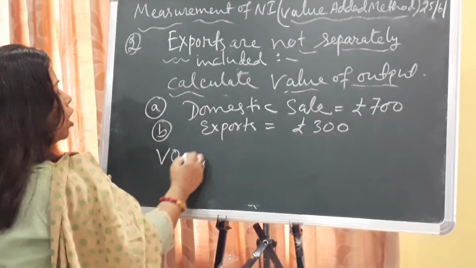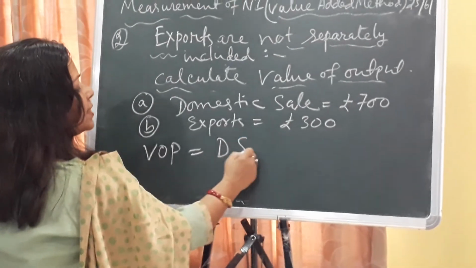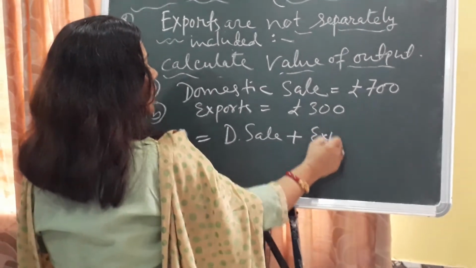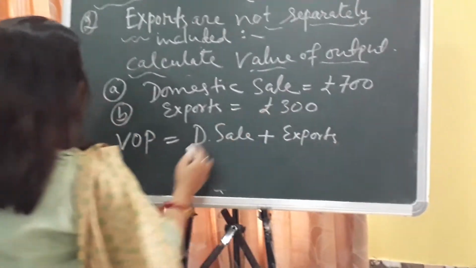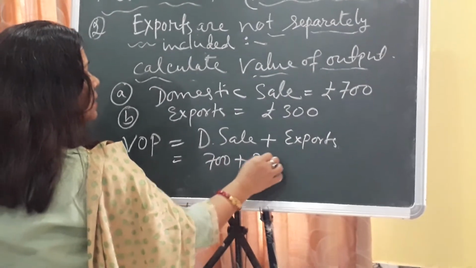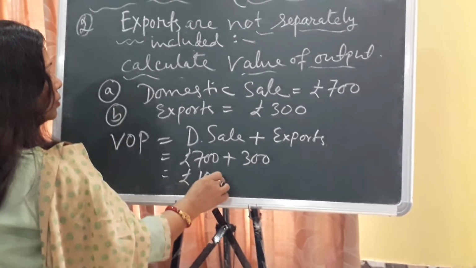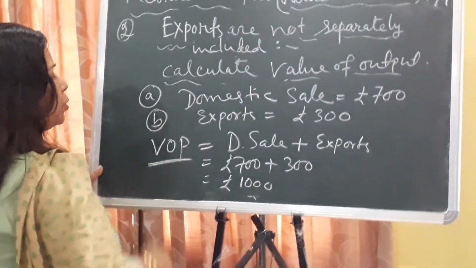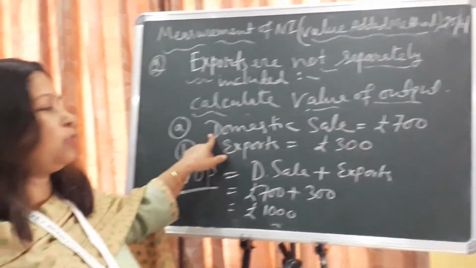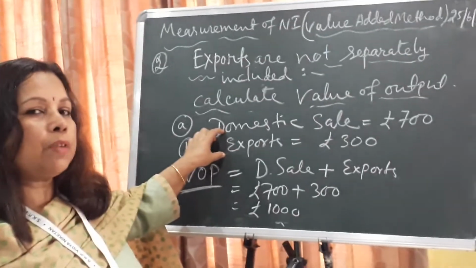Value of product or output equal to domestic sale plus exports, 700 plus 300, so rupees 1000. So when domestic sale is mentioned, you have to calculate domestic sale plus exports. Both are counted in value of output.